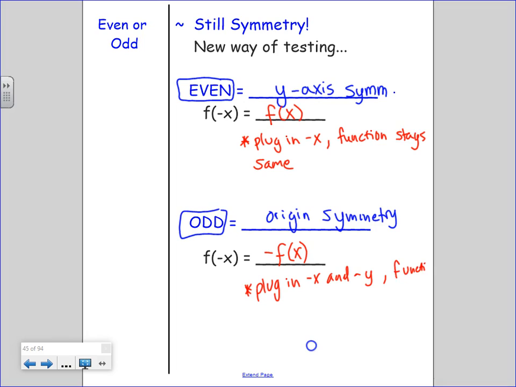Function stays the same. So the idea is plug in a negative x and it makes the y negative. Or plug in negative x, negative y, and it works. There are two ways of doing it. So just two new names, okay guys? It's not new solving per se, it's just new names. So if we were to look at a few examples.